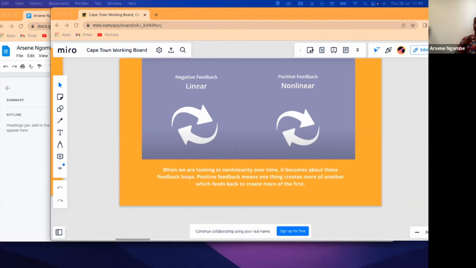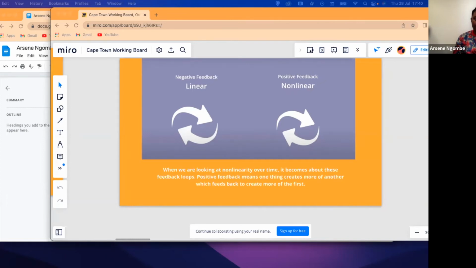But I think for the purpose of this, because we're talking about non-linearity, it's better for us to focus on the positive feedback. So when we are looking at non-linearity over time, it becomes about this feedback loop. A positive feedback loop means wanting to create more of another, which then feeds back to create the first.